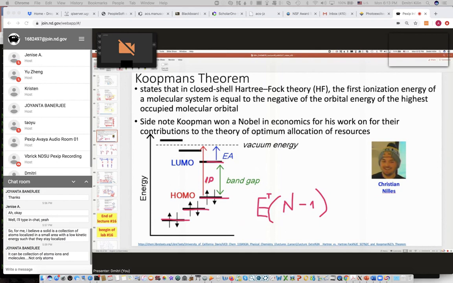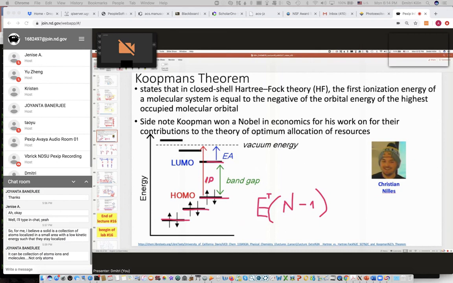Which one? We were talking about how I will measure the ionization potential, right? Yes. So there are two things. One is photoionization, and another is oxidation and reduction energy in electrochemistry, right?